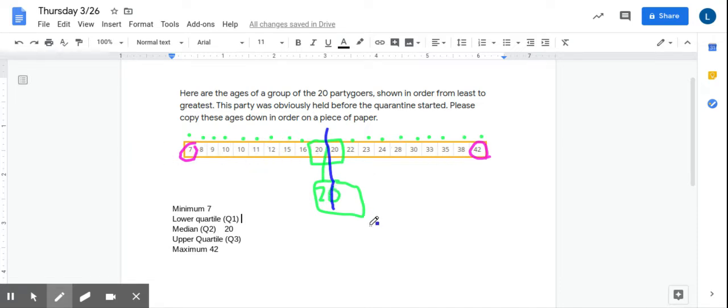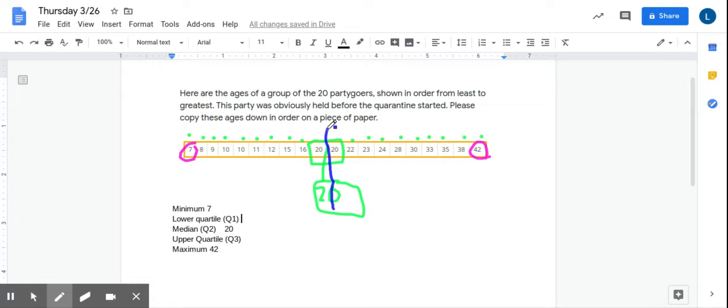We do not include the median when we split those. In this case, it's a little confusing because the median is the same number as two other numbers, one on each side of the median. So we are going to include this 20 in the lower quartile and this 20 here in the upper quartile.